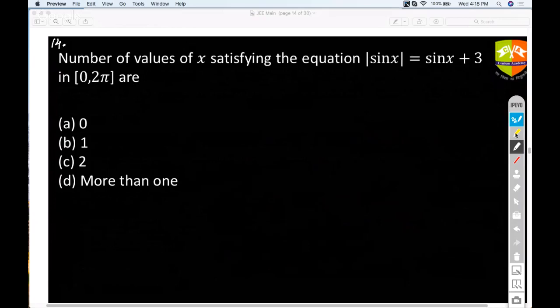Absolutely, there would be no solution, because even if you take sin x as positive, you'll get 0 equal to 3. If you take sin x as negative, you'll get minus 2 sin x equal to 3, which cannot be possible because it's giving you sin x is equal to negative 3 by 2. Zero solutions.